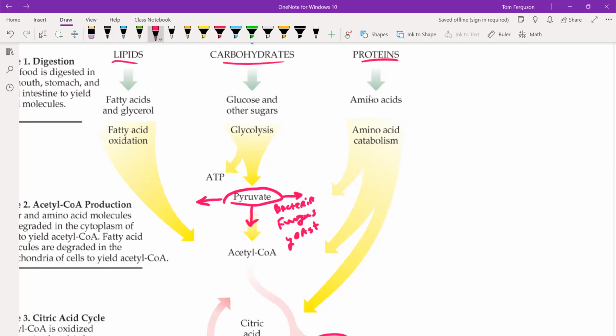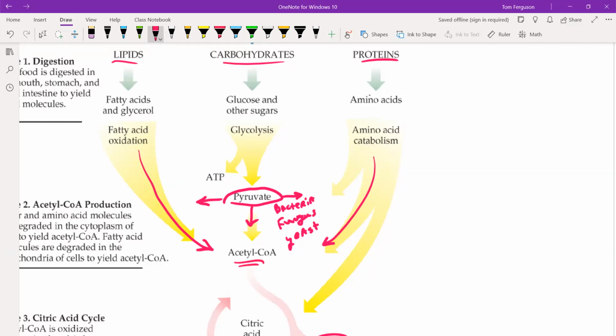For amino acids, there's a whole set of amino acid pathways to get here. Same with this here. So for all three classes of quote-unquote foods, for complicated multicellular organisms, the end goal is acetyl-CoA.